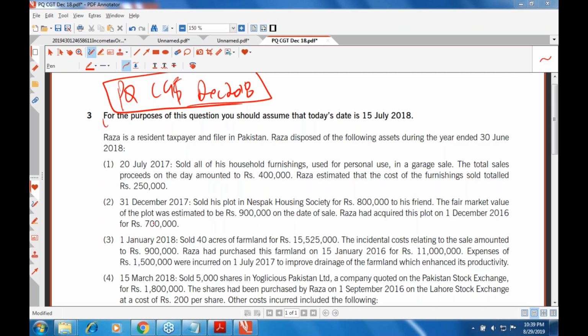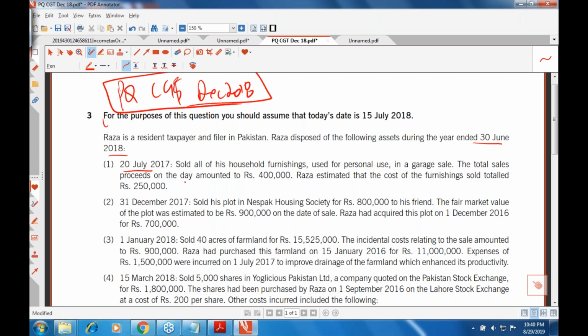Okay, let's just start discussing. So basically, if we talk about this question, you need to understand that for every item, we need to have a proper computation. First of all, it says on 20th July, this is for tax year 2018.